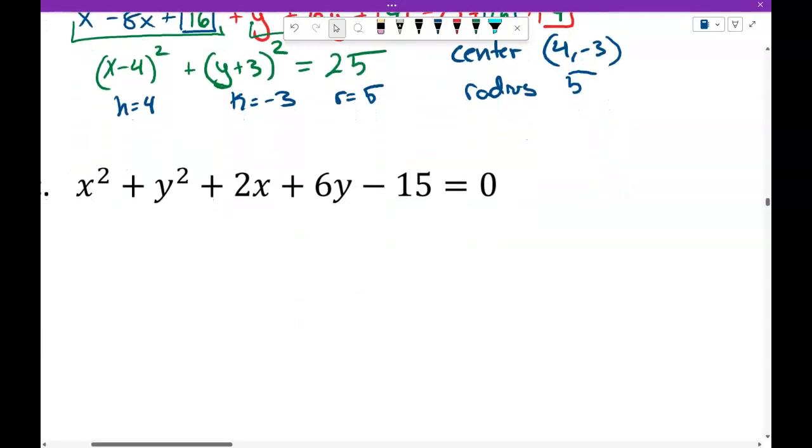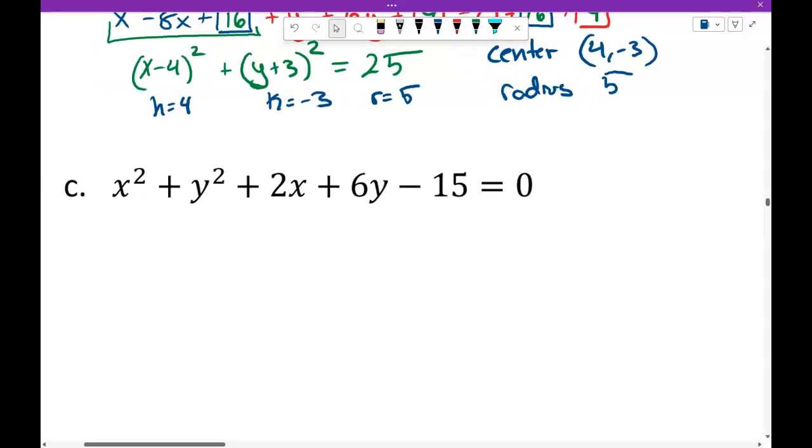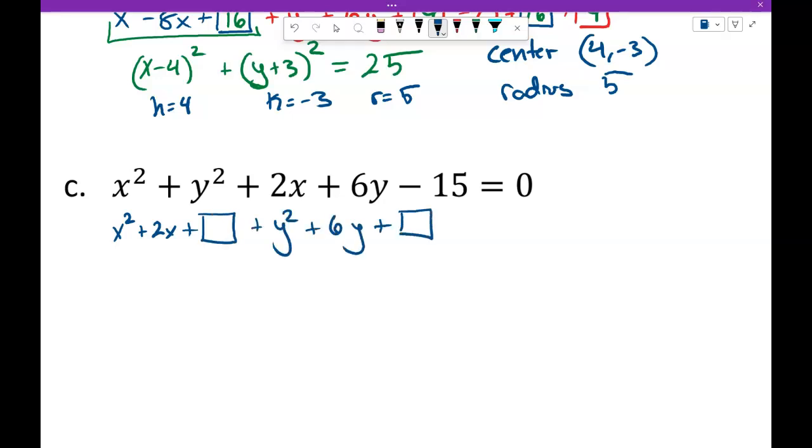Go ahead and try the next one on your own as well. Pause it and check your work. We'll group our like variables. Since the 15 is not part of the completing the square as a constant, we add it to the other side. And then we have two boxes being added as well. Complete the square on x, we're adding 1. Complete the square on y, we're adding 9.